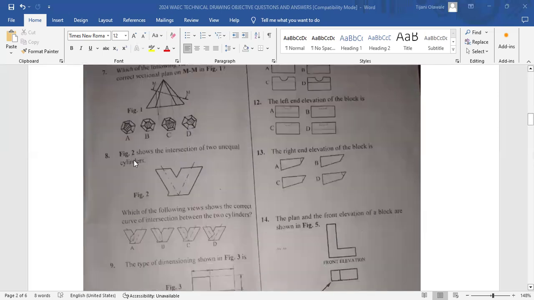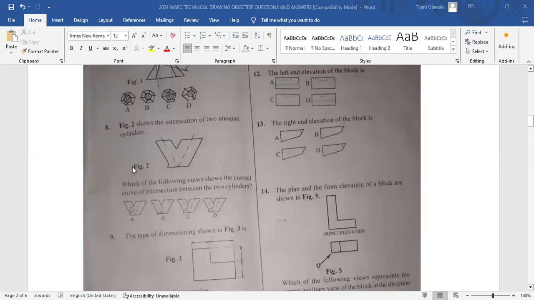Then question 8. Figure 2 shows the intersection of two unequal cylinders. The question says, which of the following views shows the correct curve of intersection between the two cylinders?